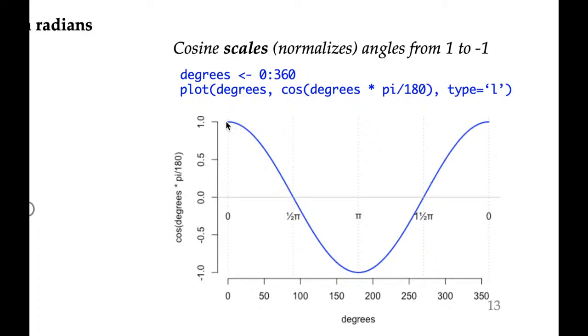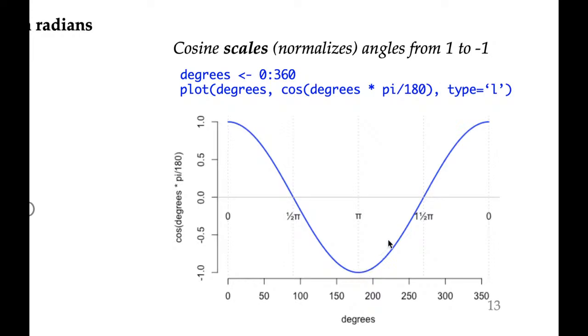And cosine starts with a peak of 1 at 0 degrees. By half pi, which is 90 degrees, it's at 0. At 180 degrees, it's at -1.